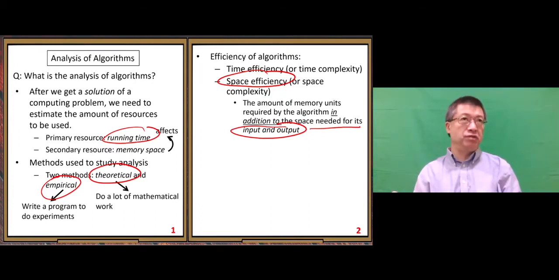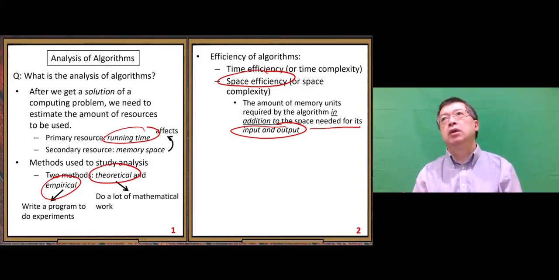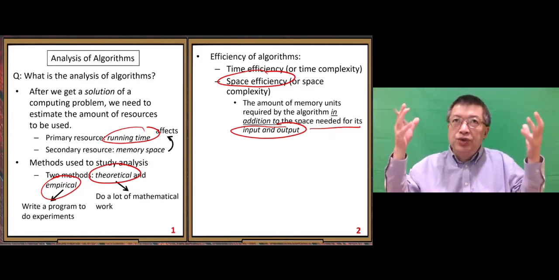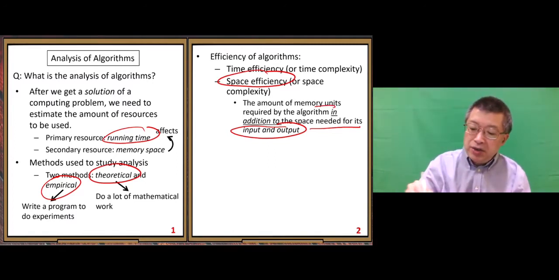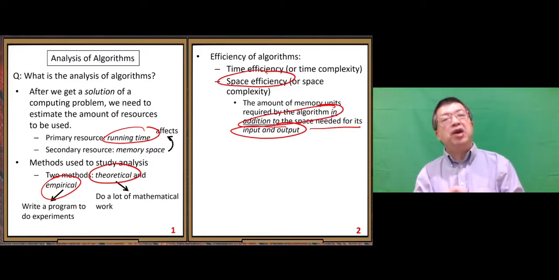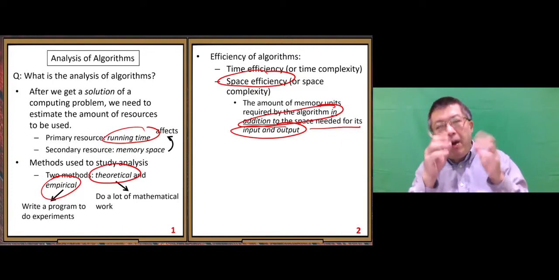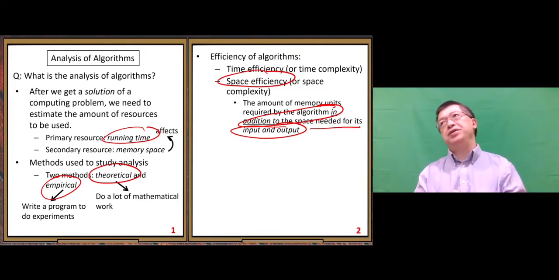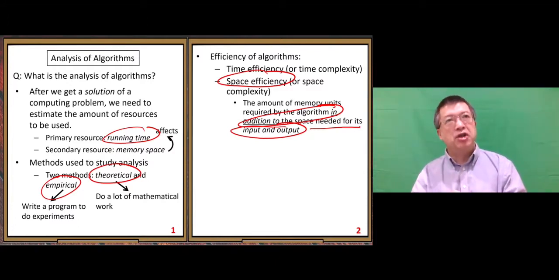You have to use certain storage spaces for input and output. But other than that part, many times we need to use extra storage space. So in addition to the standard space we need to use some extra space. That part we need to analyze, and we want to reduce that consumption.